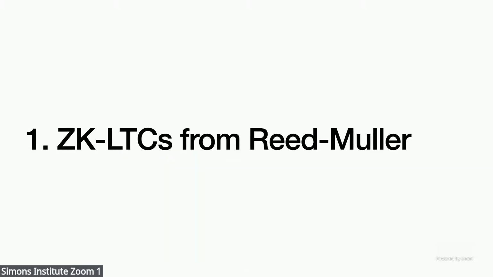Good. All right, so now I've defined these things and showed how they fit together. I will explain how we build both of these objects. The zero-knowledge LTC construction is actually pretty simple. It's based on the Reed-Muller code.